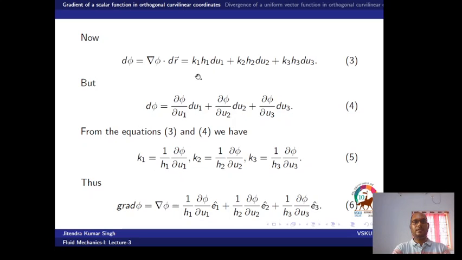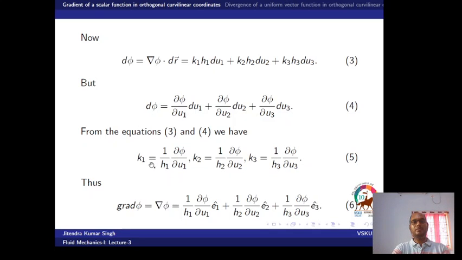Since k1 h1 is equal to dou phi by dou u1, k1 is equal to 1 by h1 dou phi by dou u1. Since k2 h2 is equal to dou phi by dou u2, k2 is equal to 1 by h2 dou phi by dou u2. And since k3 h3 is equal to dou phi by dou u3, k3 is equal to 1 by h3 dou phi by dou u3.